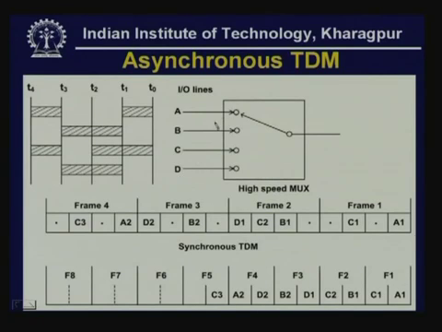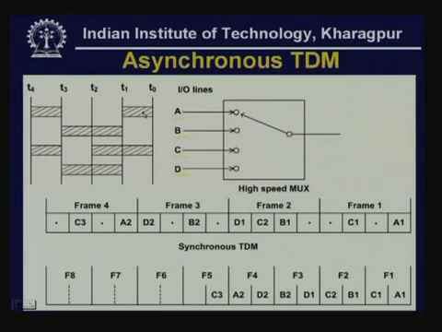Here data is coming from 4 different sources A, B, C and D, and here you have the high speed multiplexer. Obviously the data rate is 4 times that of the data rate of these inputs.